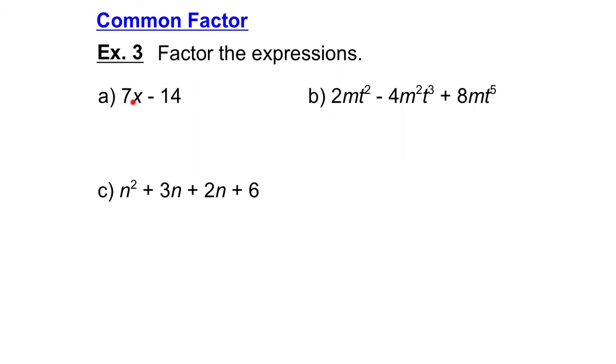Okay, well, I look at the number 7. Factors of 7 are 1 and 7. 1 times 7 is 7. Nothing else multiplies to get 7. Okay, factors of 14, well, 1 times 14, so 1 and 14 are factors. 2 times 7, so 2 and 7 are both factors, and nothing else.